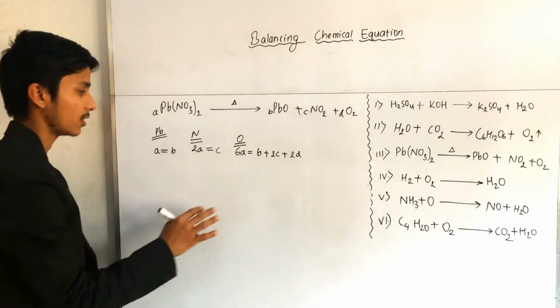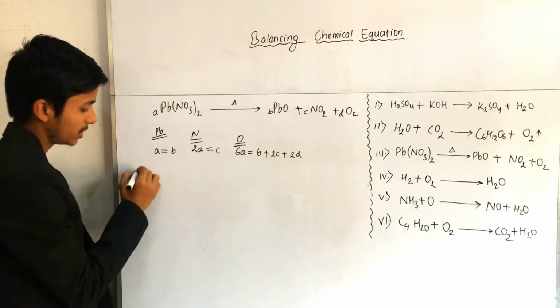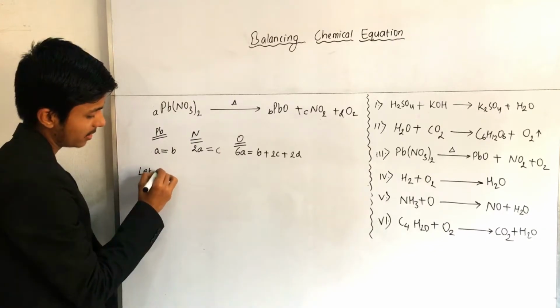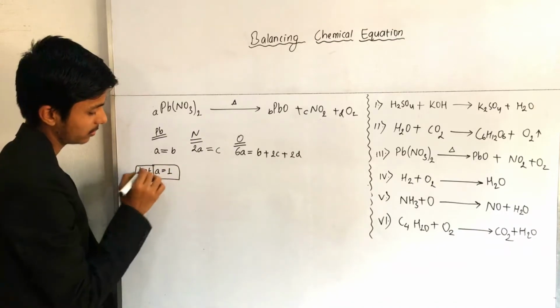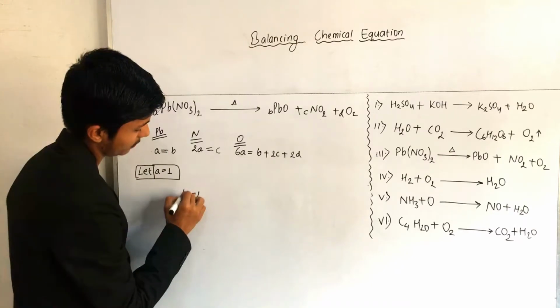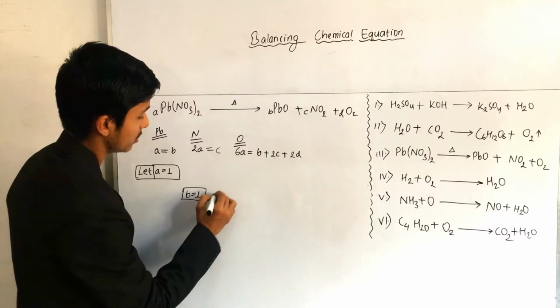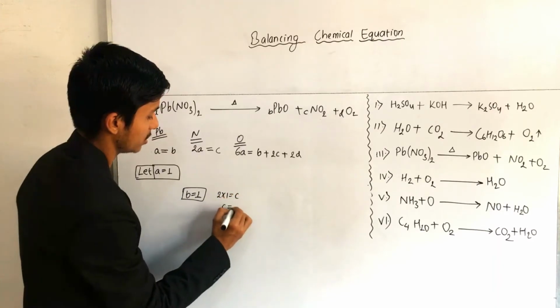We have all these equations, and here A is common in all, so we let A is equal to 1. Okay, so we get B is equal to 1. Value of B is equal to 1. 2 into 1 is equal to C. C is equal to 2.